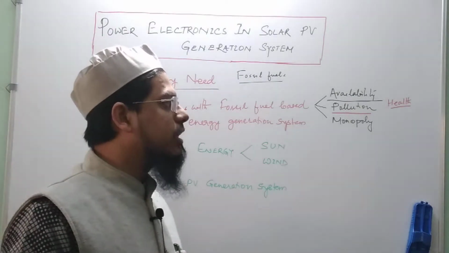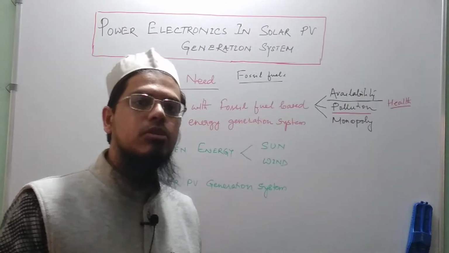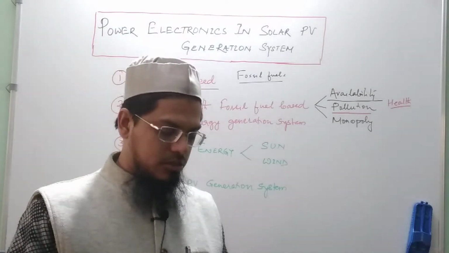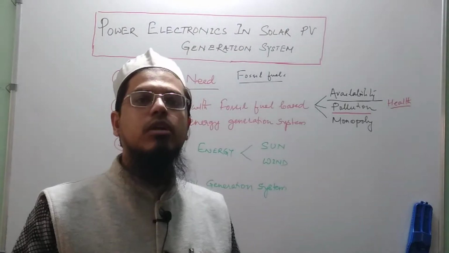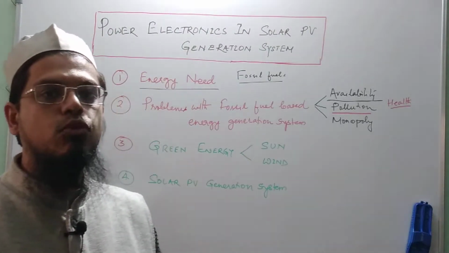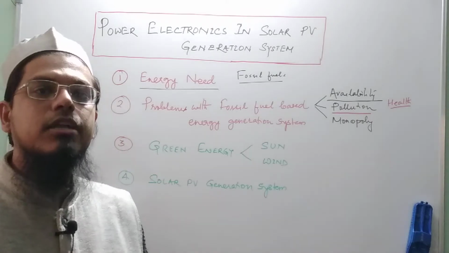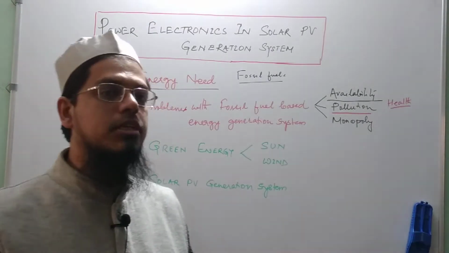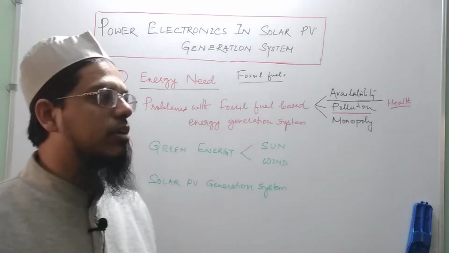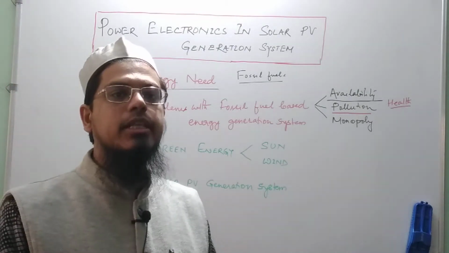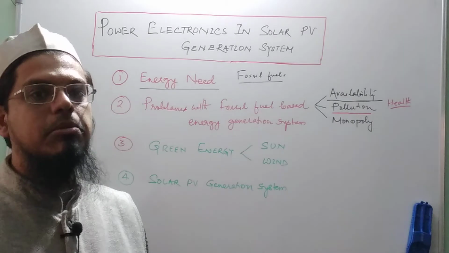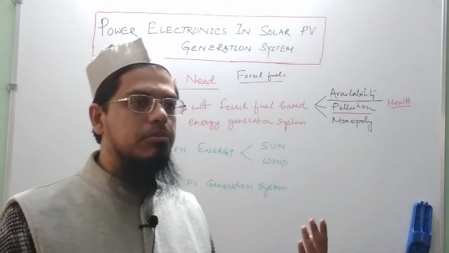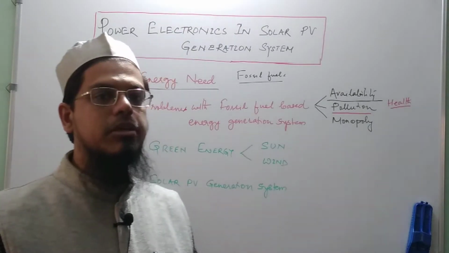So the world has now become more conscious about the health issues of pollution, and therefore the world governments and the leaders are being forced to think over alternative ways of generating electricity or meeting the energy demand. So that is why we are seeing a big push in the area of renewable resources like the solar based resources or the wind based resources.